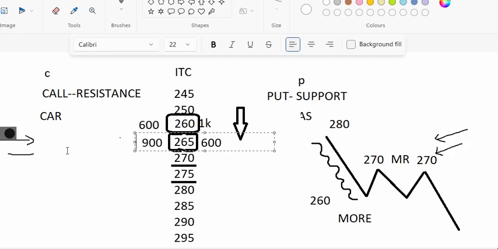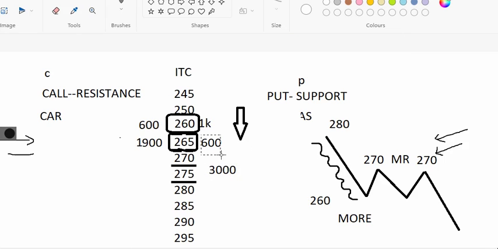Let's say this amount is 1900 now, and on the other side it is not 600 anymore. This is changing because, as I said, it will keep changing all the time. Every minute, every 3 minutes, the website gets updated.